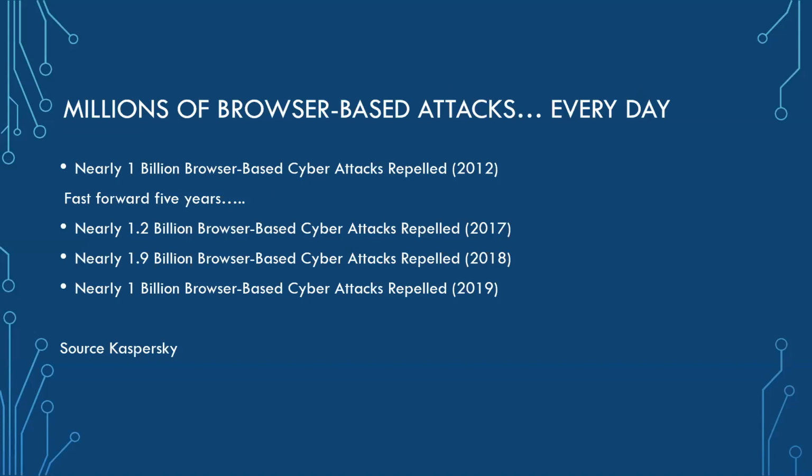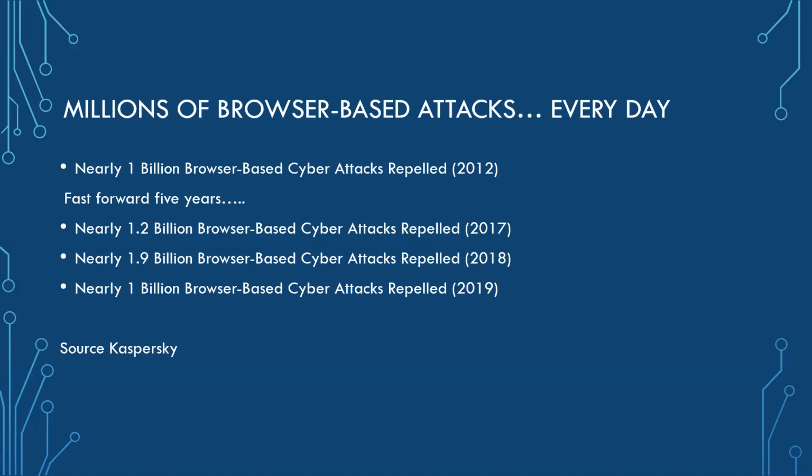So there is a relationship between web-based attacks and browser-based attacks, because literally, if you're going to click on a phishing link, you most likely click it from your browser. If you're going to install a malicious plugin or a malicious extension on your browser, it will be from your browser. So there are millions of browser-based attacks every day.